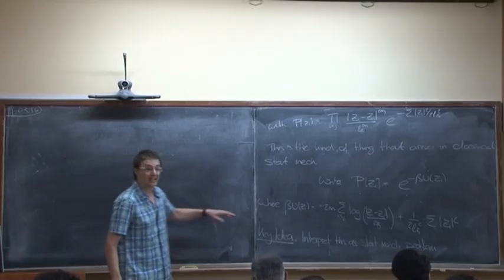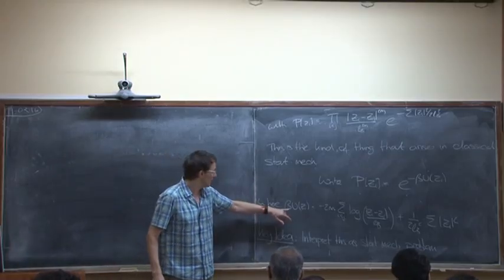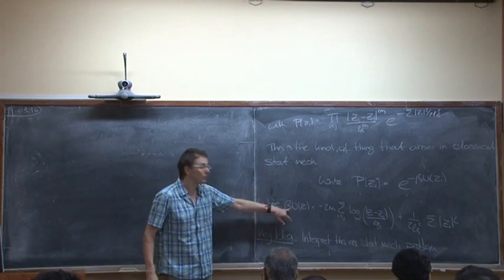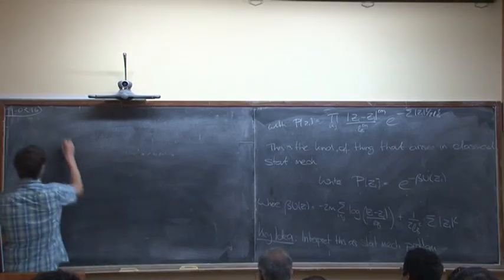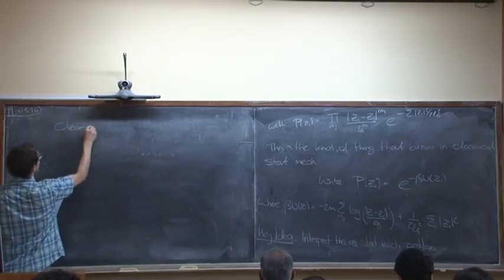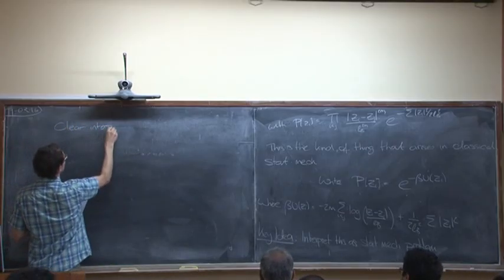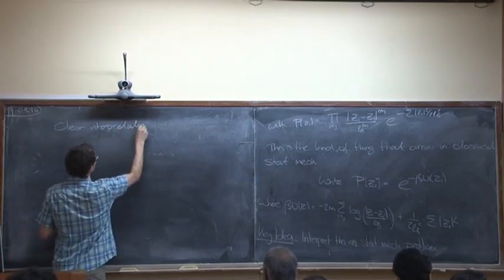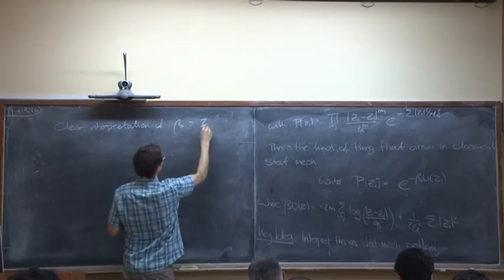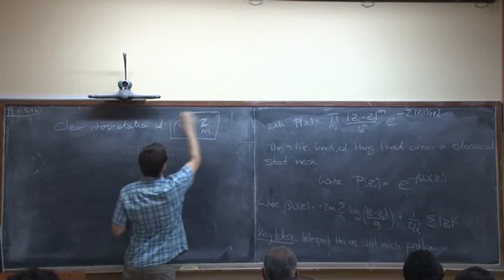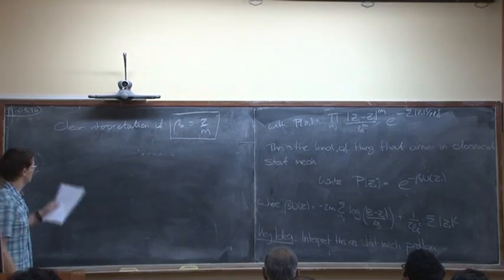Okay, so it turns out, and I'll show this, that the interpretation is clear if you take a very specific value of beta. So there's a clear interpretation if beta takes the value 2 over m.